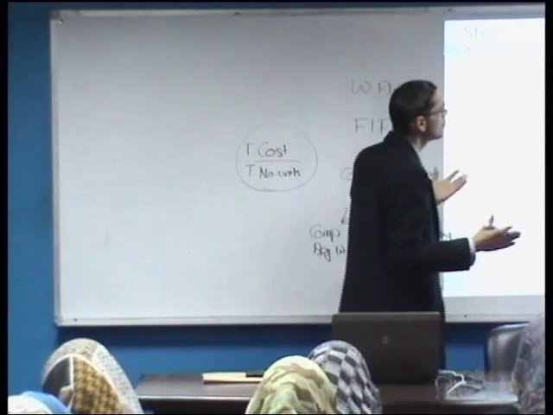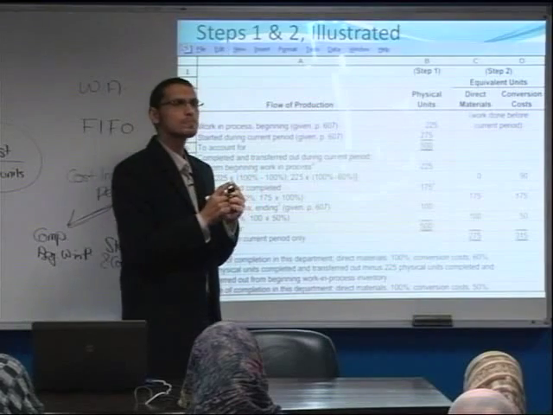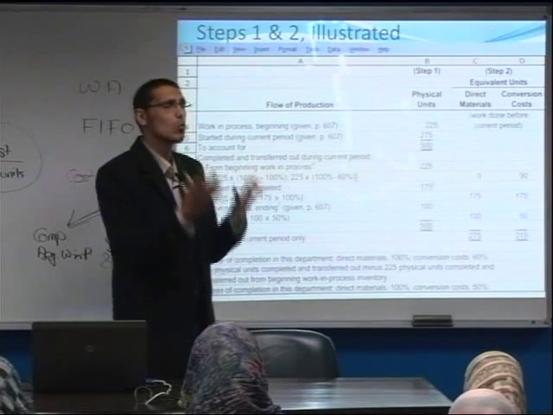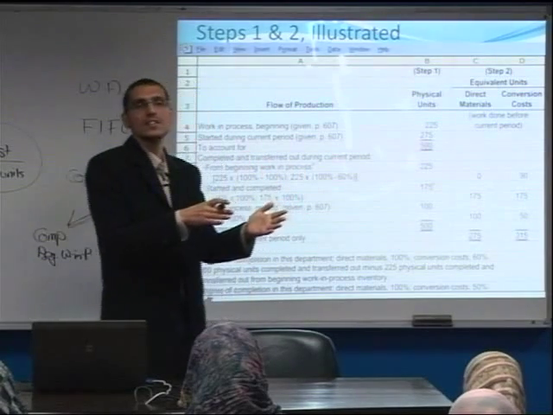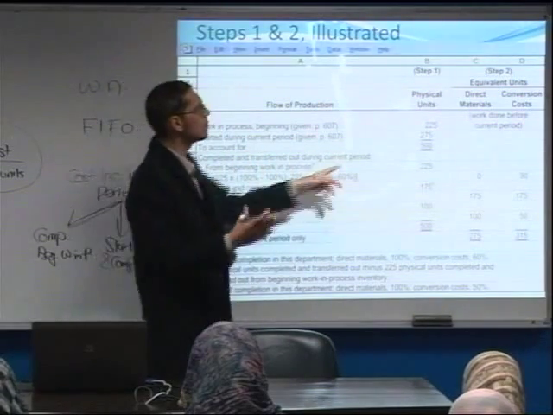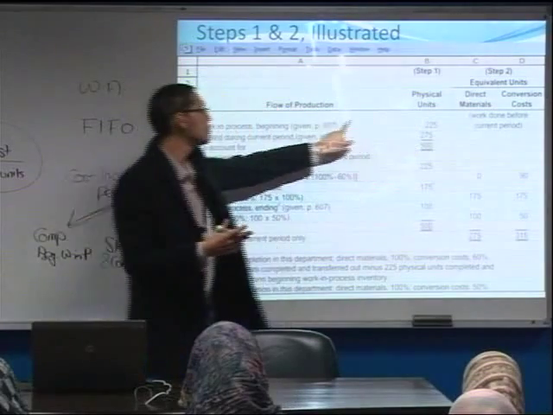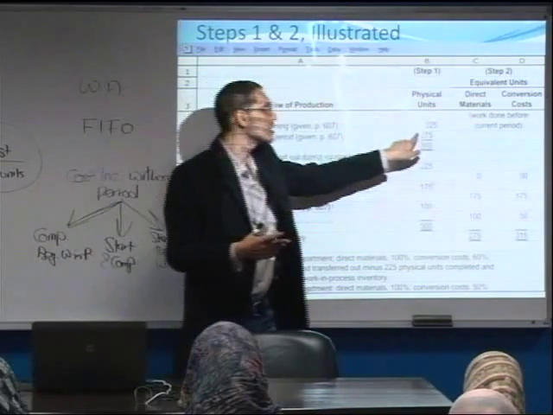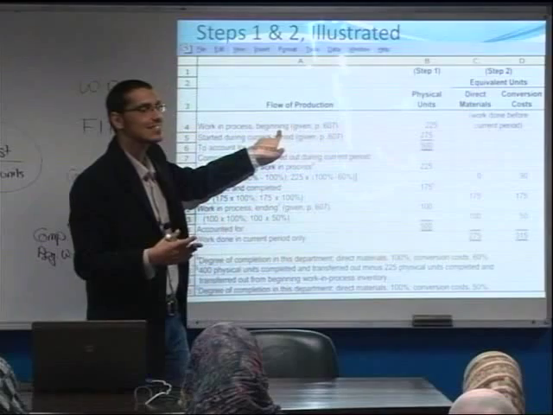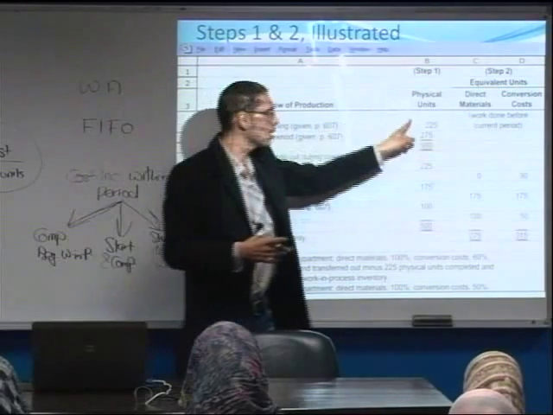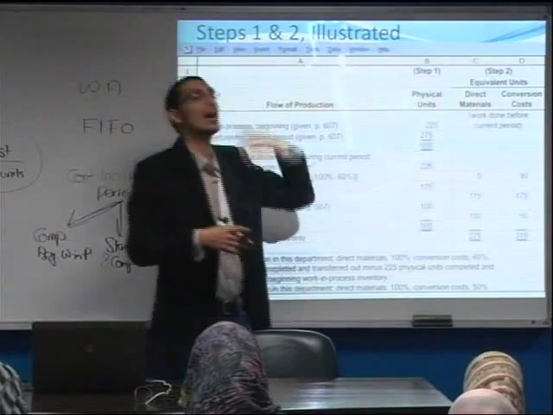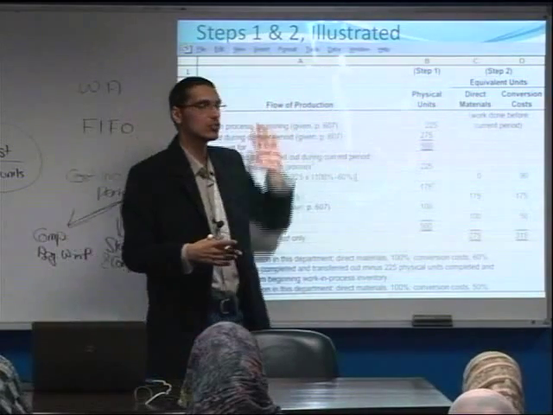As we can see here, first of all, we need to answer the question: from where do these physical units come? First of all, 225 as beginning and 275 as started within this period, which is March. The total to account for is 500 units.